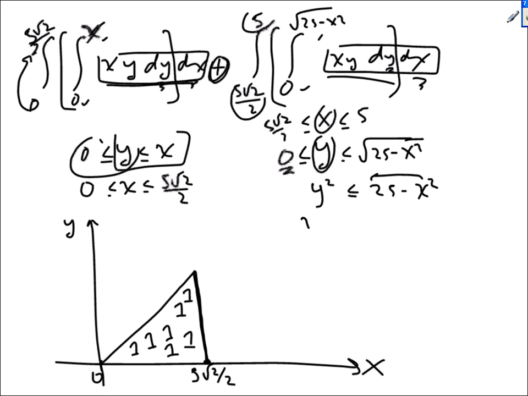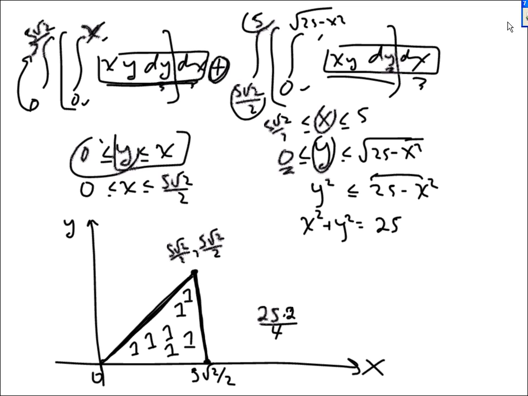Bring the x squared to the other side. You get x squared plus y squared equals 25. Now, remember that this line over here was y equal x. I know the x value is 5 square root of 2 over 2, so the y value must be the same. If I square the x value, I get 5 squared times square root of 2 squared over 2 squared, which is 25 over 2.